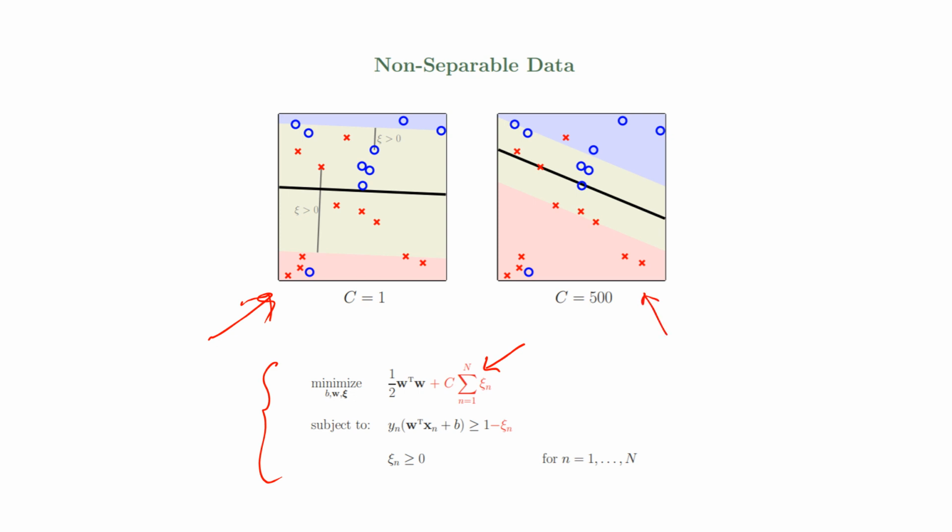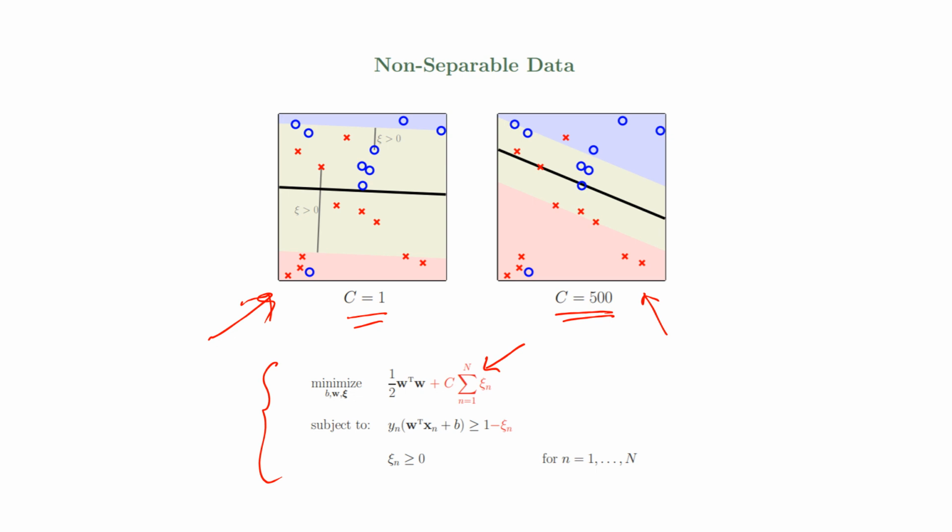The second one here, which has C equals 500, the margin shrinks, and we are obviously allowing less penetration, right? So that's the difference between C equals 500 and C equals 1, which is telling us the choice of C is a trade-off between the thickness of the hyperplane and the in-sample error, right?